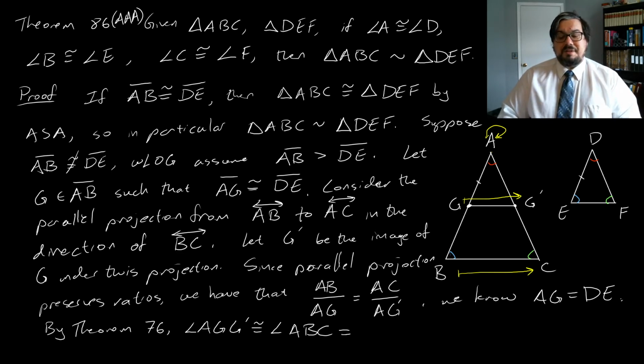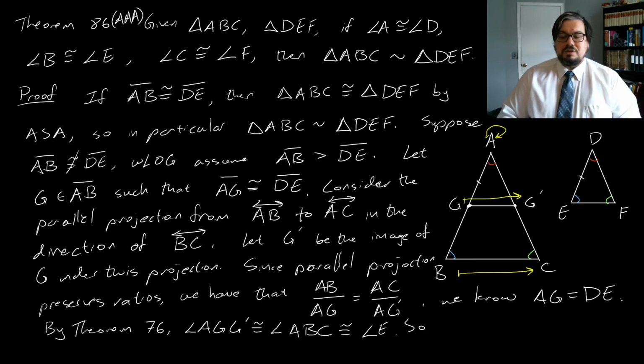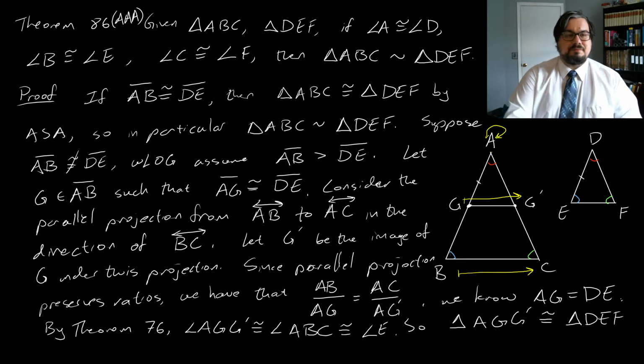But we also know that angle ABC is equal to the angle E. So that means that triangle AGG prime is congruent to triangle DEF by angle side angle.